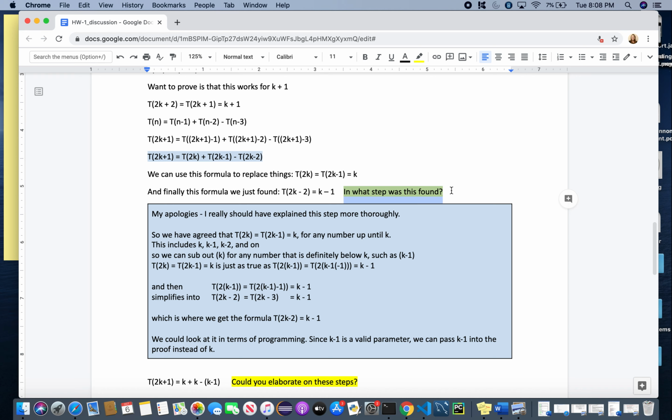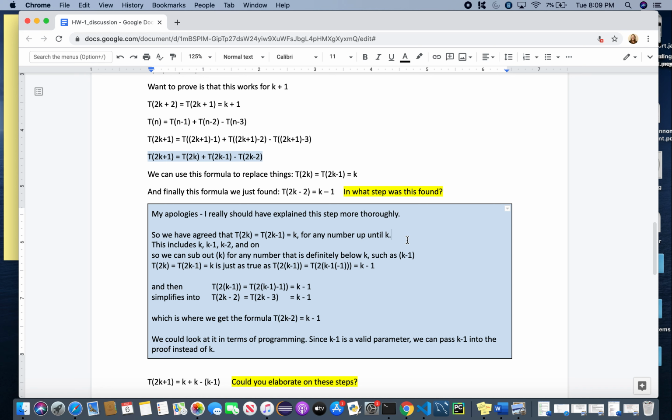In what step was this found? I should have gone over this better, so I apologize for that. As we stated before, this is what we have initially: T(2k) = T(2k-1) = k for any number up until k. Any number up until k, we believe that's done.